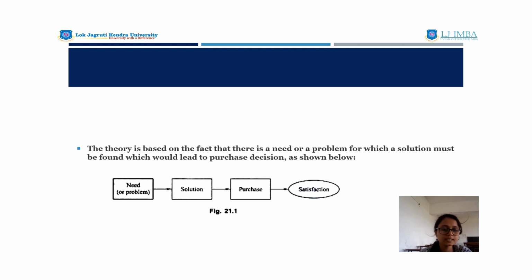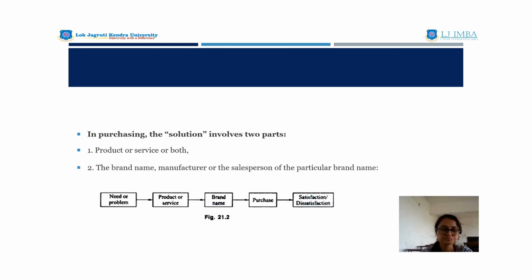As shown below, we can see there is a need or a problem. For those needs and problems, the salesperson will give the solution and accordingly the purchase will take place, and after purchase and consumption, we'll see the satisfaction level, whether they are satisfied or unsatisfied.